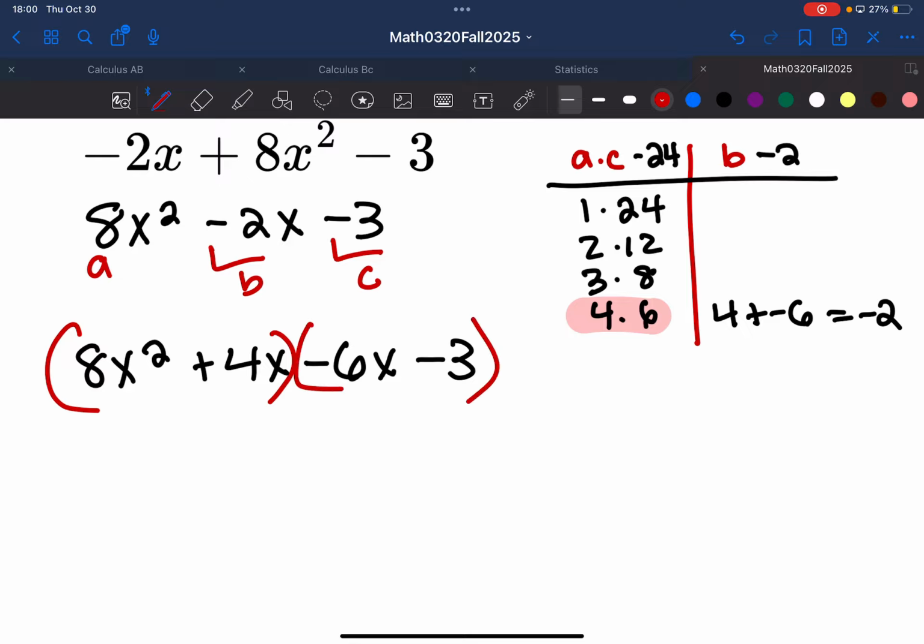What's our next step? GCF, good. Of 4x. 4, because we can take 4 from 8 and 4, and then x because one has 2 x's and the other has just 1 x, so 4x. What's left over in the parentheses?